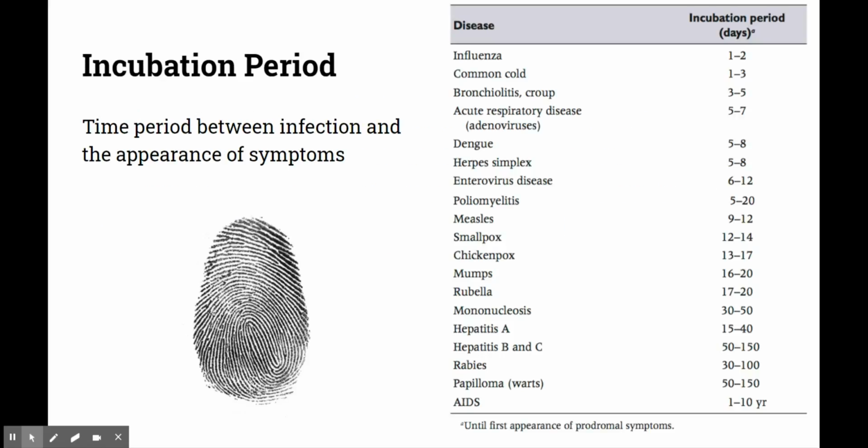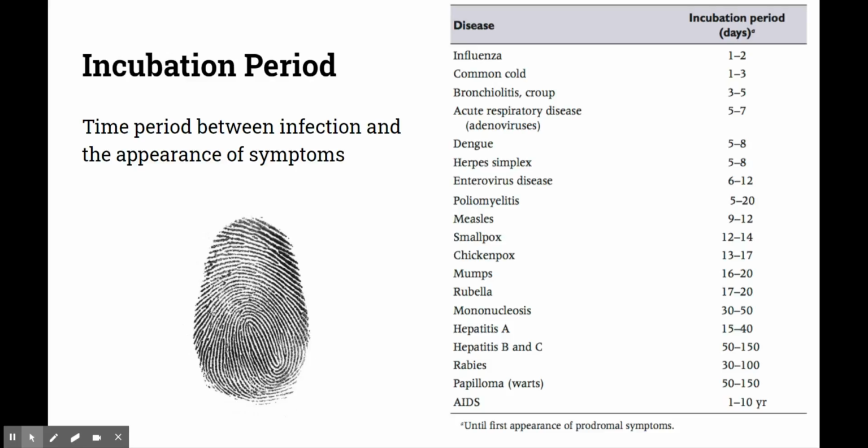We can also get a good sense of the disease's incubation period. So this for COVID would be the time between when you are infected with the virus, and you first start showing symptoms.